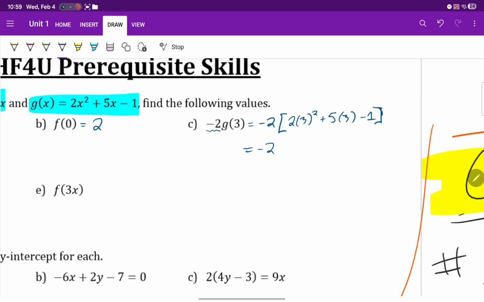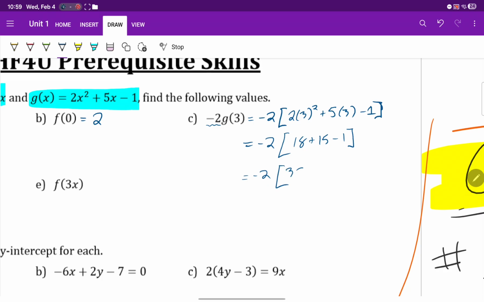I get negative 2 times, 9 times 2 is 18, plus 15 minus 1. Okay. That is equal to negative 2 times 32. And negative 2 times 32 is negative 64.